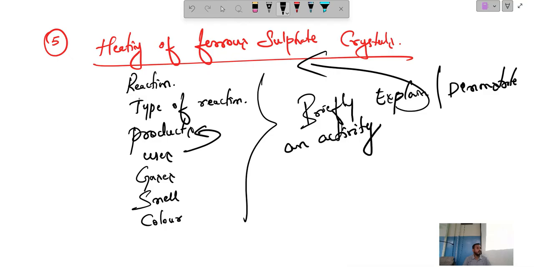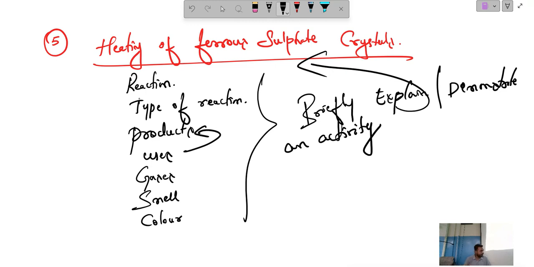I think in your last midterm exam, in the magnetic effect of electric current, they chose a question to demonstrate the activity. Remember, you have to explain how this reaction is going to happen. So it is an activity based question.